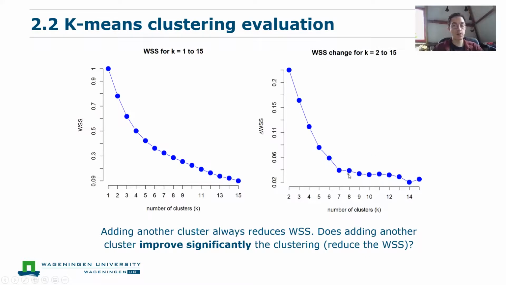This is an indication that the improvement we are having is not due to a better separation of the points, but due to the fact that we're just adding another cluster. So what we want to find is the point just before we reach this flat part. In this case, we would say that for this particular data set that I was using, 6 would be the adequate number of clusters.